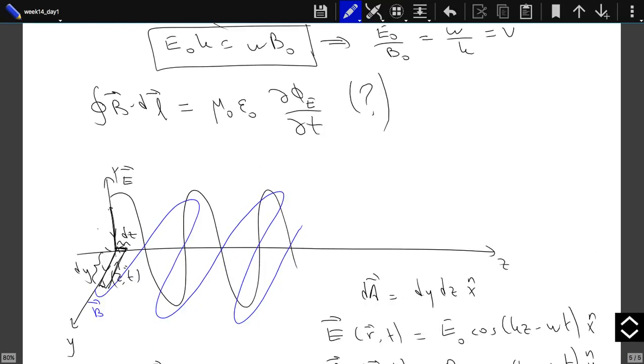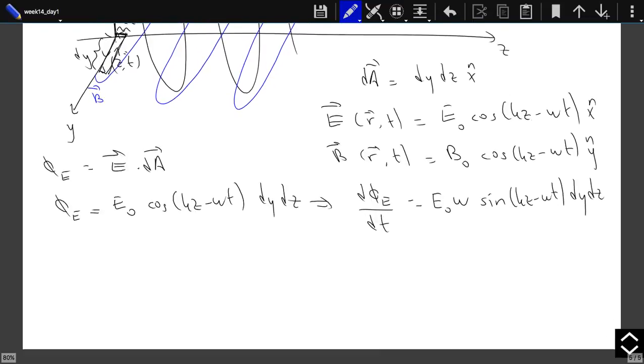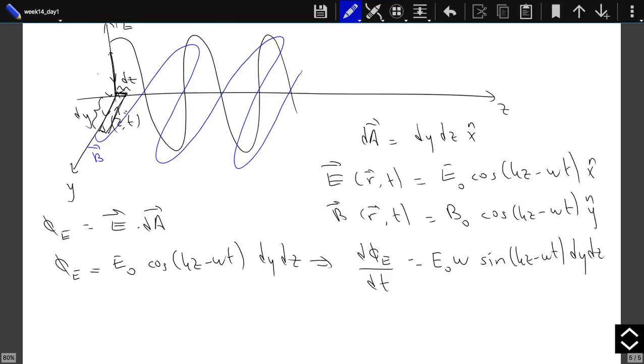We know what this d phi E by dt is. But now we need to calculate this integral B dot dl over that loop. Again, let's just give some names. These are the A, B, C, and D corners.